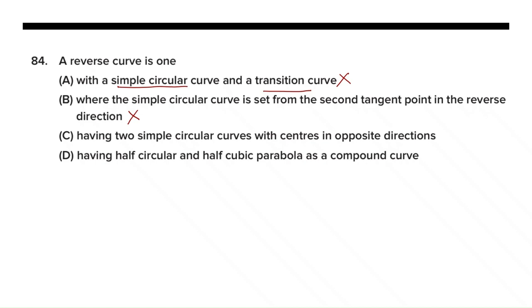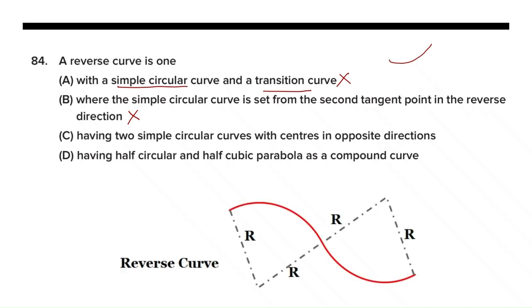Having two simple circular curves with centers in opposite directions, that is our answer. So option C is our answer. Next option, having half circular and half cubic parabola is a composite curve, not a reverse curve, so that option is also not correct.